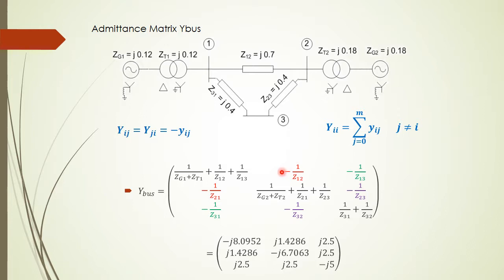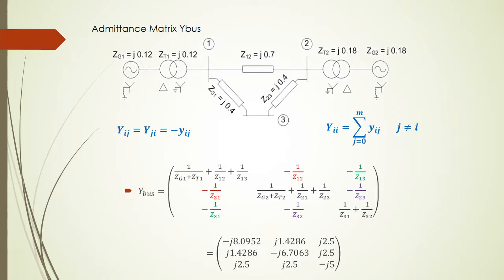In this case, for example, looking at bus 1 and bus 2, the admittance between bus 1 and bus 2 is 1 over Z12, and therefore Y12 equals Y21 equals minus 1 over Z12. The same applies for the component between 1 and 3 and the component between 2 and 3.